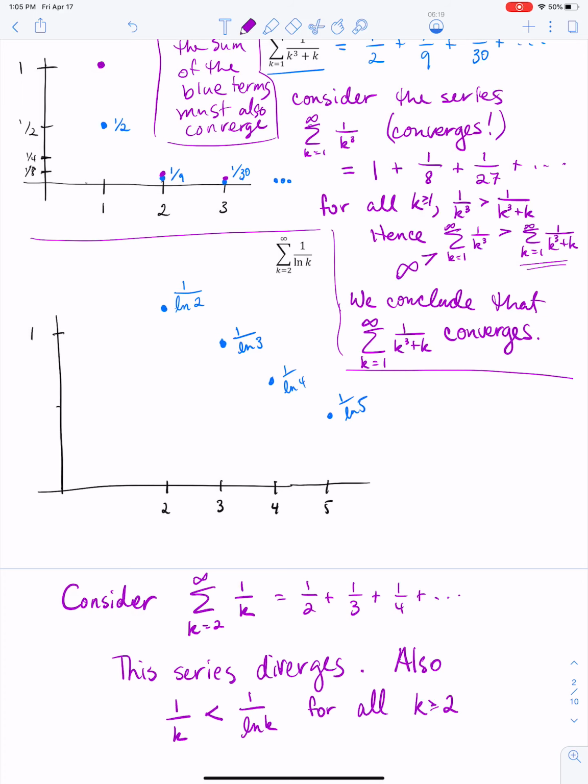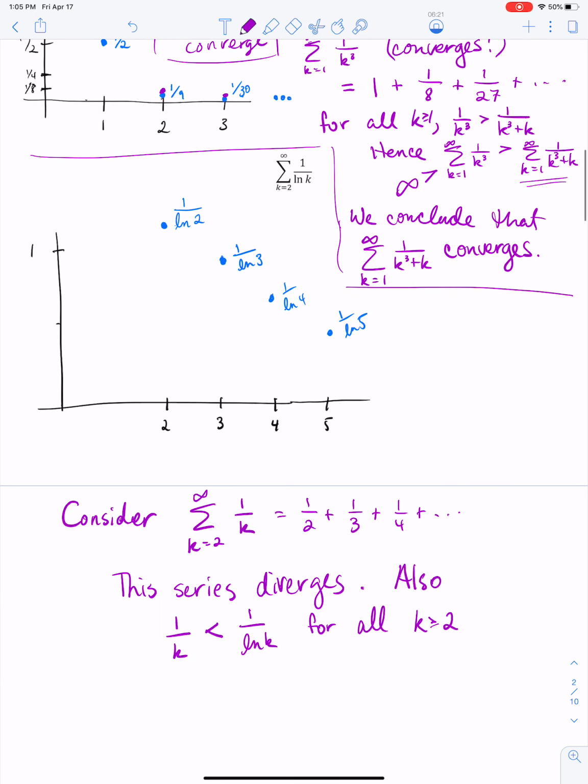And so here, what we then would conclude is that the sum of 1 over ln k is greater than or equal to the sum from k equals 2 to infinity of 1 over k, which equals infinity.